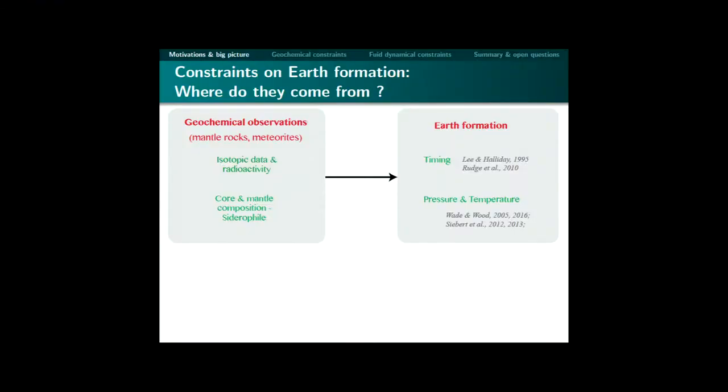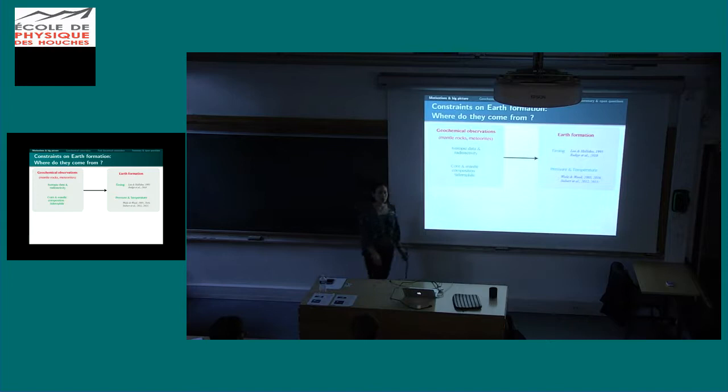So where do the constraints come from? Because we are talking about something which is very, very far in space and time from us. So how can we say something quantitative about it? The main observations come from geochemistry. So isotopic data and extinct radioactivity tell you something about the timing, as we mentioned.